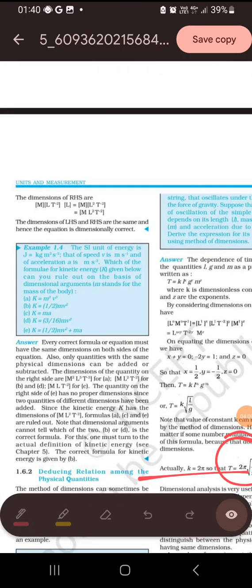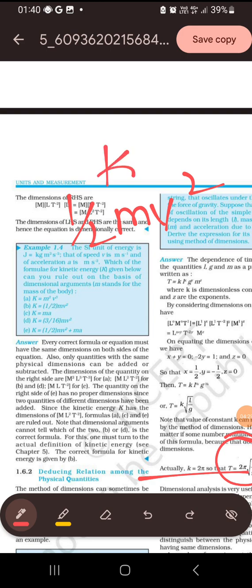They also ask in a question manner which has the dimensional formula of K. The correct formula of K is half mv square. You have to identify which has a dimensional formula similar to K, kinetic energy. So option B and option D will be the same because they have mv square. The others are completely different.